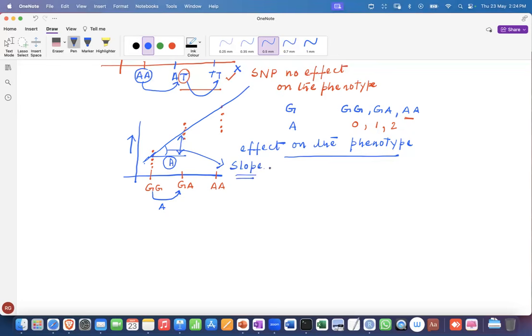That is nothing but given by beta in your equations. So when you are talking about effects here, you are talking about how the phenotype changes by the introduction of one single alternate allele. And the phenotype that we are considering here is the height. Is that okay? Any doubts still here?